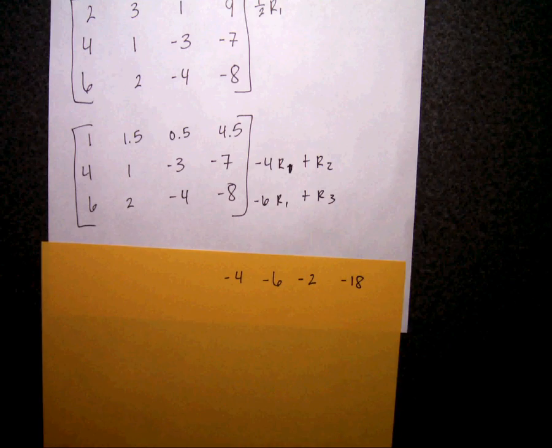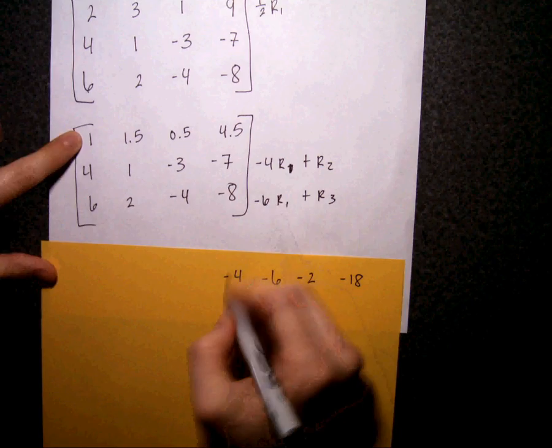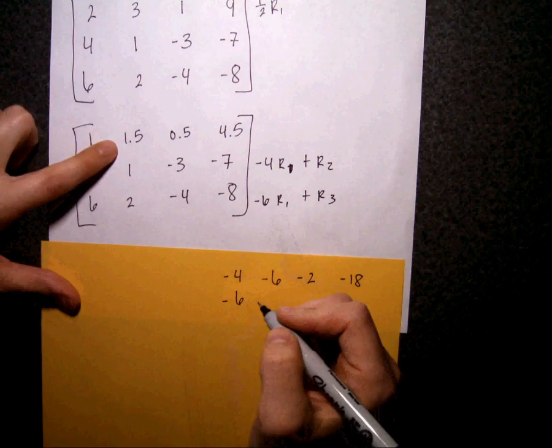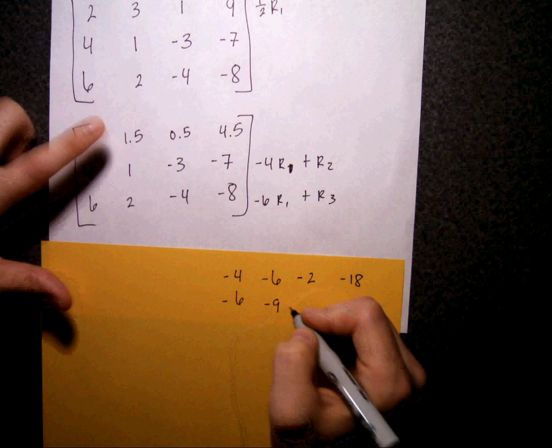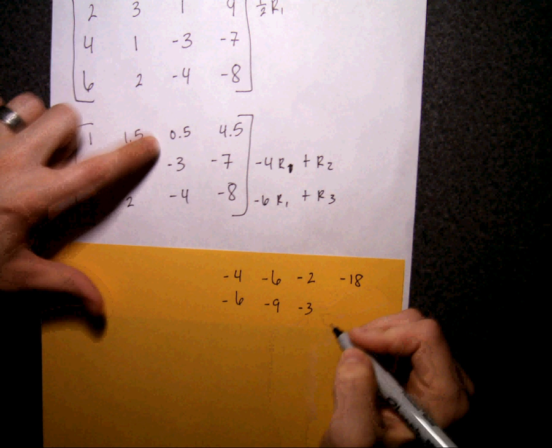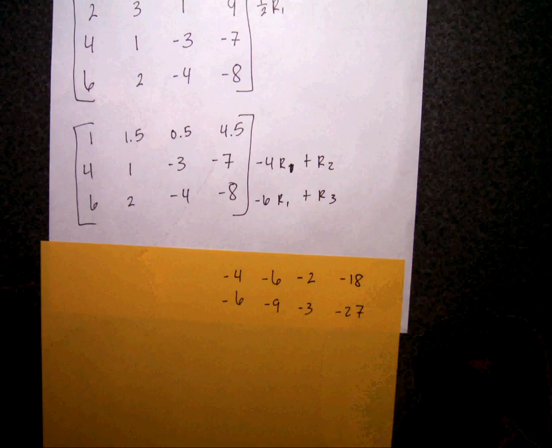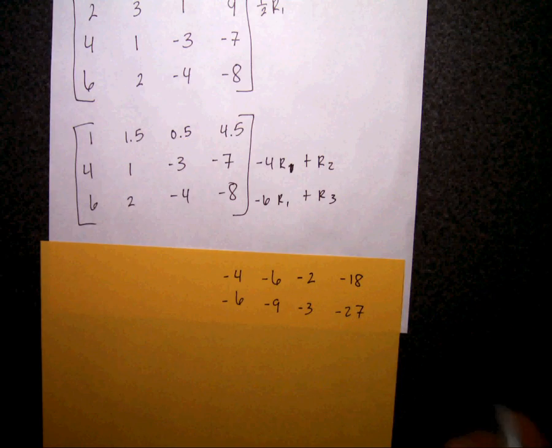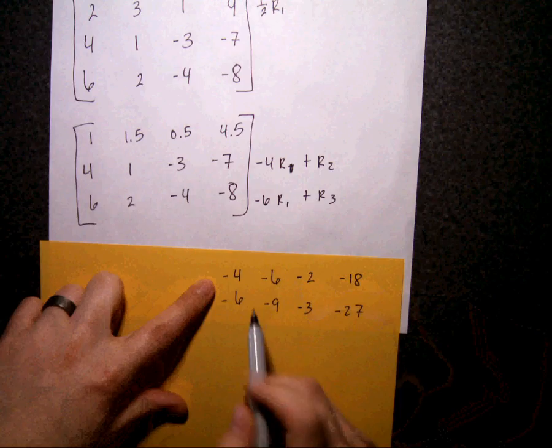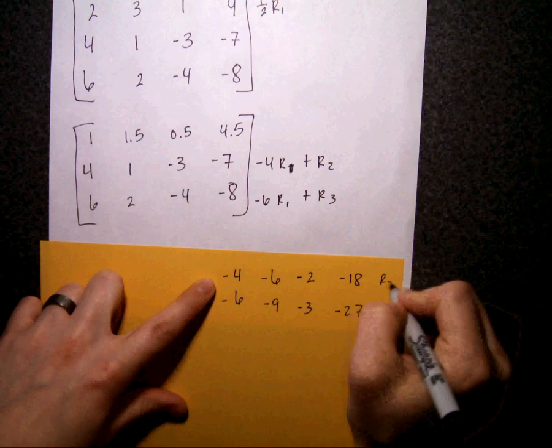And if I multiply by -6, I'm going to get -6, -9, -3, and -27. That's what I'll get in row 1 when I multiply. So I'm adding these values to row 2, and I'm adding these values to row 3.